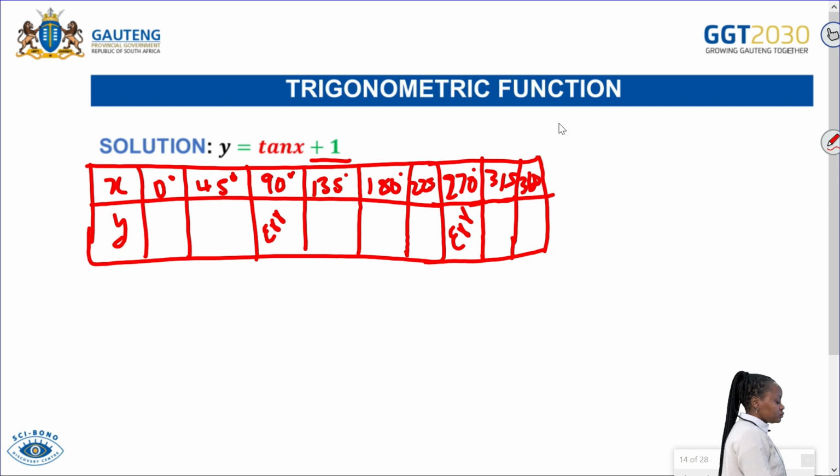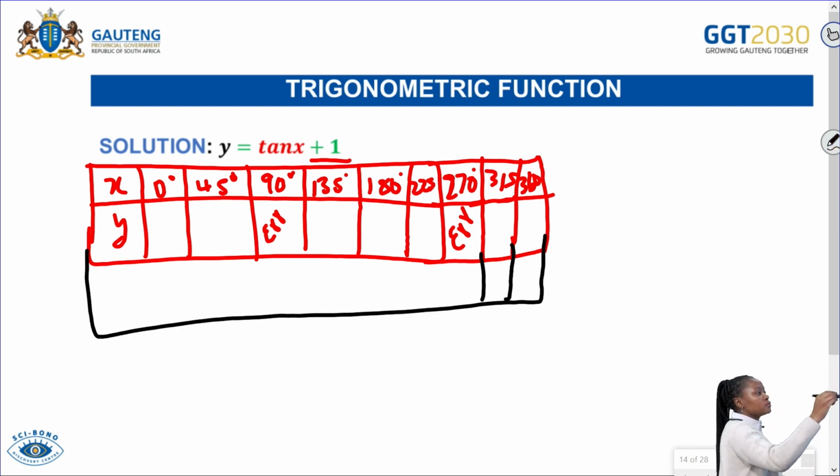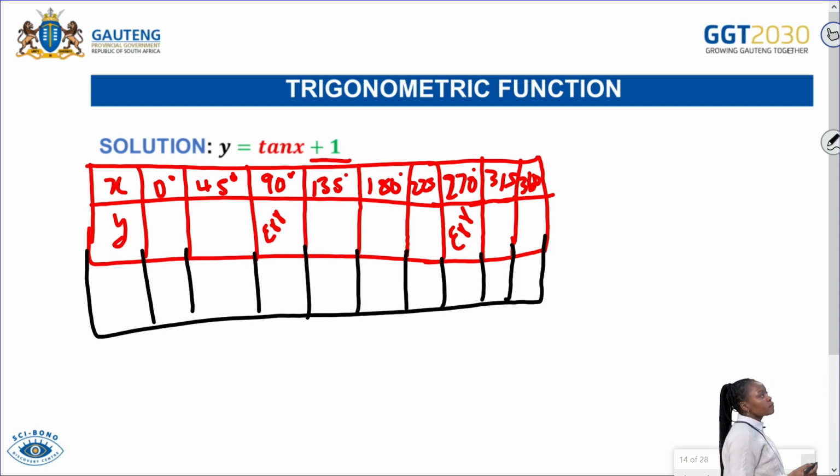Okay, so at 0, since my graph has shifted 1 unit upwards, we are starting with the original one.